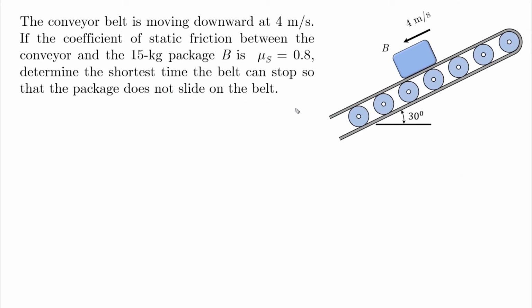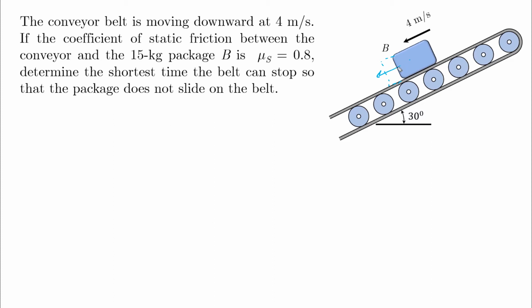The block and the belt are moving at 4 meters per second, and if you stopped the belt all of a sudden, which means in a very short time, it means that you stop the belt with a very high deceleration. And naturally, if we do that, the block might slip or slide on top of the belt.